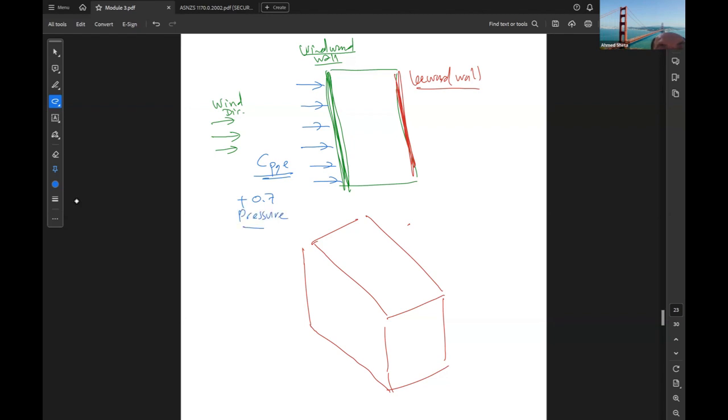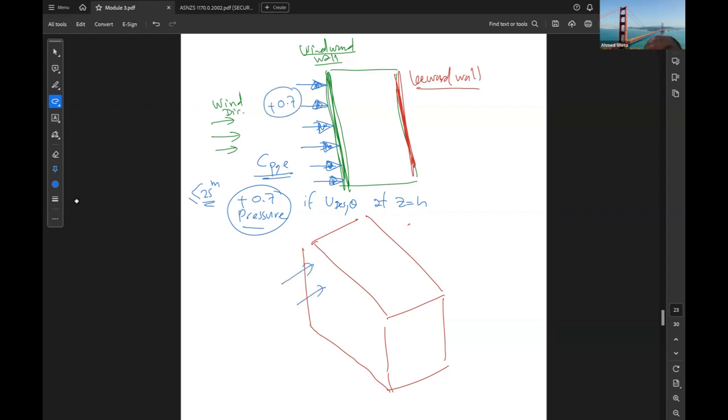That's why I put the arrows like that, so it is acting into the wall. So the value is 0.7 if the building height is less than 25 meters, for example, and we have wind speed V design theta at Z equal to H. So this parameter is 0.7.